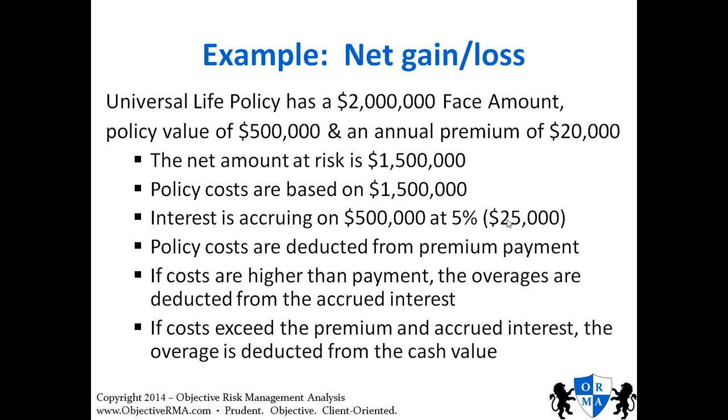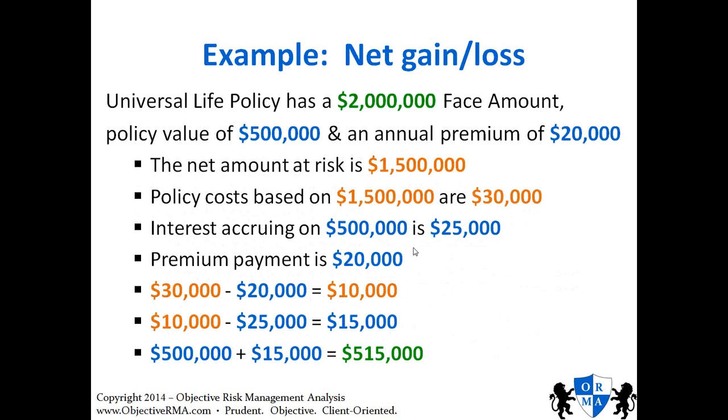And on $500,000, 5% equals $25,000. Now, the policy costs will be deducted from the premium payment, and if the costs are higher than that payment, the overages are then deducted from the accrued interest. And lastly, if there's still costs exceeding the premium and the interest, then it is deducted from the cash value.